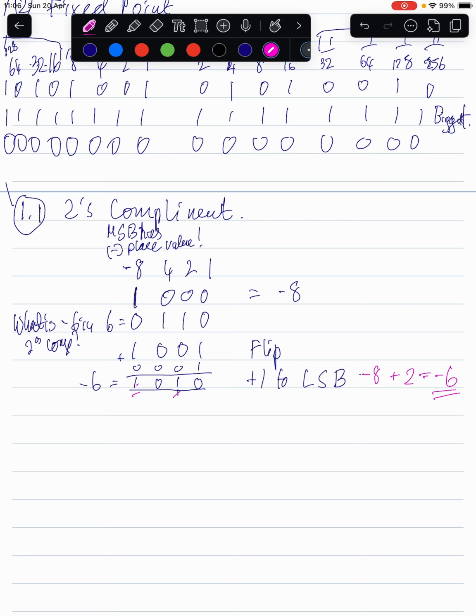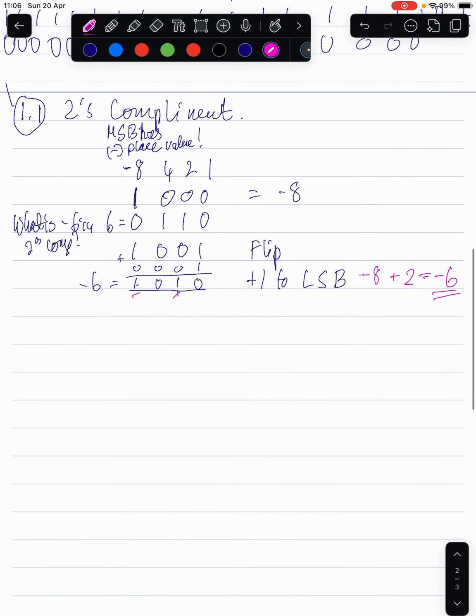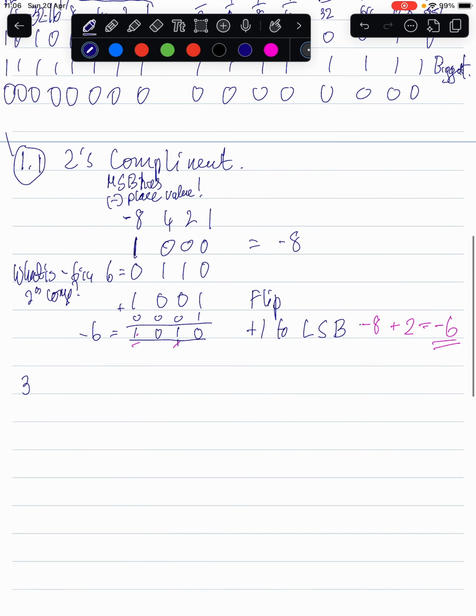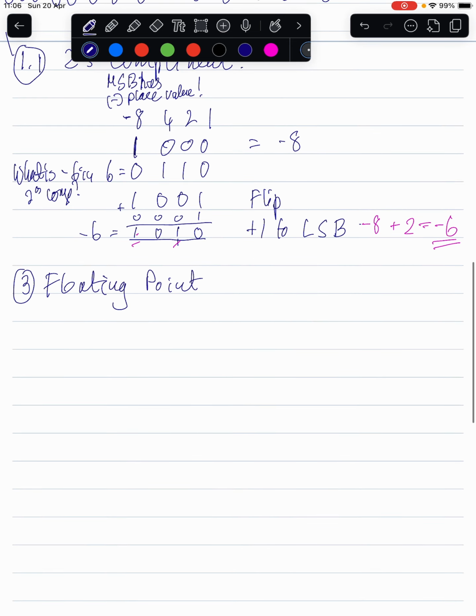Right, okay, and now we are going to talk about floating point. So this will be 0.3. Floating point is a way to store fractional binary numbers in a fixed number of bits.